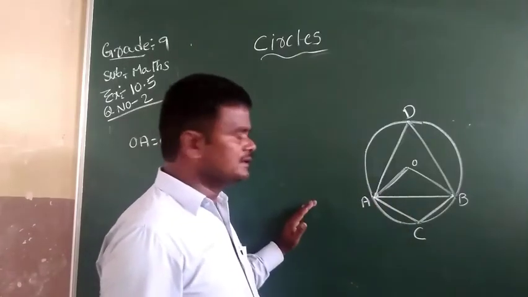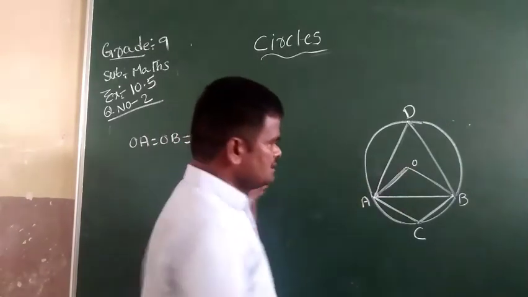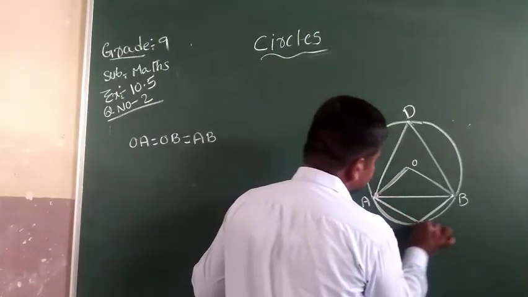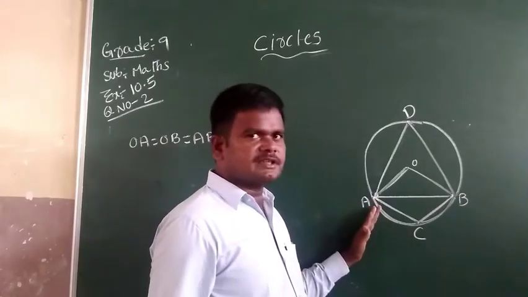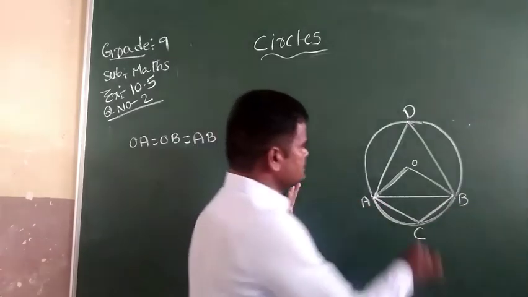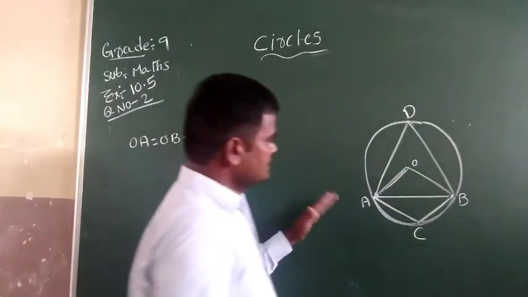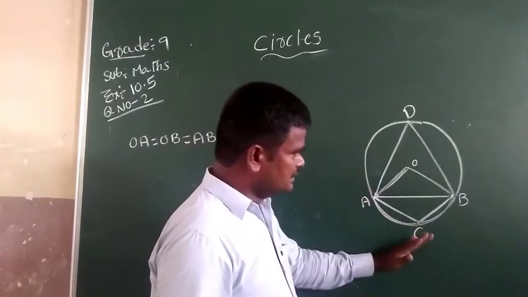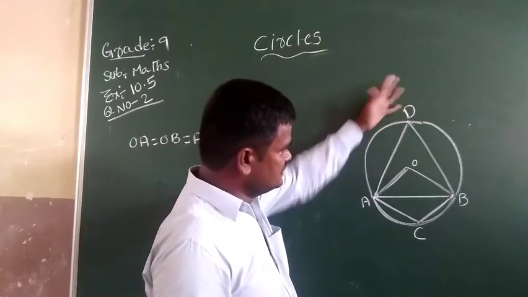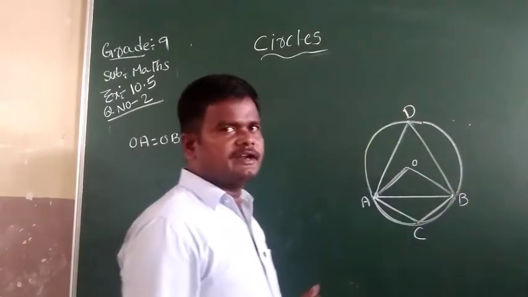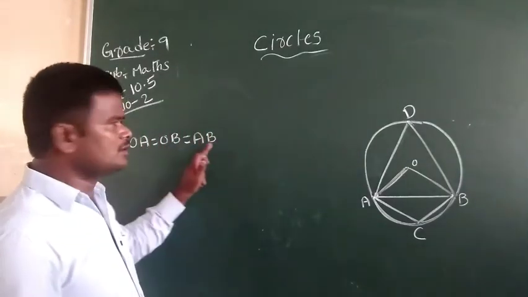This is the minor arc ACB. The subtended angle at the center is AOB, and the subtended angle of minor arc ACB at a point on the circle is angle ADB.